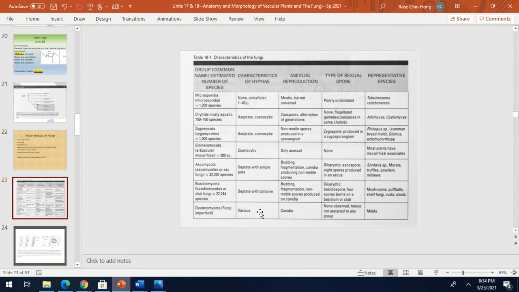And also in the Deuteromycota, so far we know of its asexual reproductive characteristics of having conidia, but no sexual spore has been observed for the Deuteromycota.